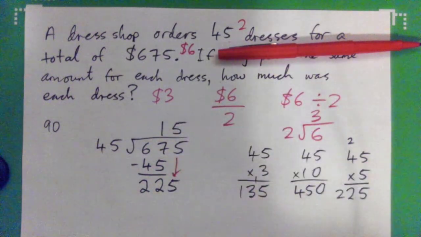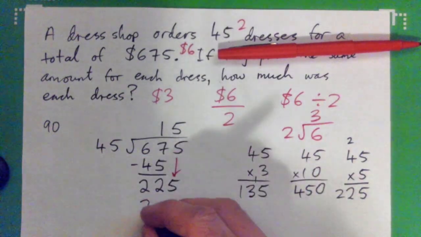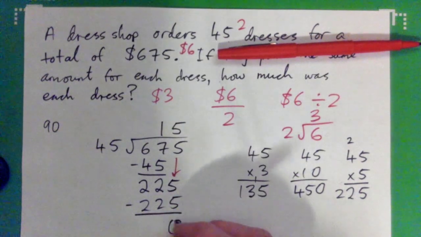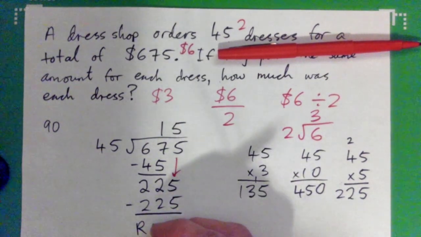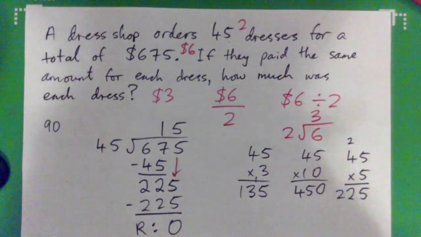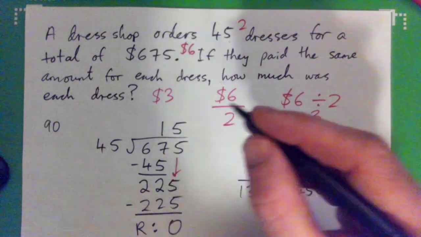Right. 5 times that, 225. Good. And then we subtract and we get 0. So, like you say, the remainder is 0, right? So, what's the answer? Okay, the answer is $15.